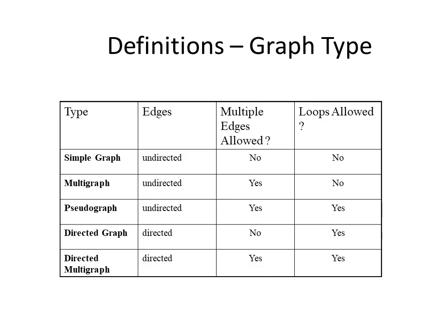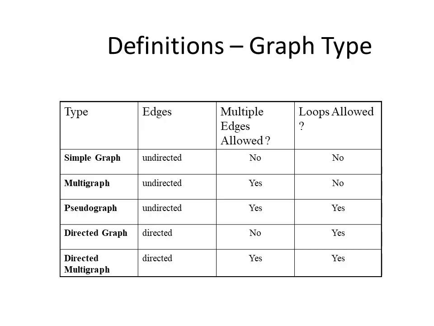So here is a comparison of all the graphs: simple graph, multigraph, pseudograph, directed graph and directed multigraph. In the simple graph, edges are undirected, and multiple edges are not allowed, and loops are not allowed. In a multigraph, the graph is undirected, but multiple edges are allowed and self loops are not allowed.